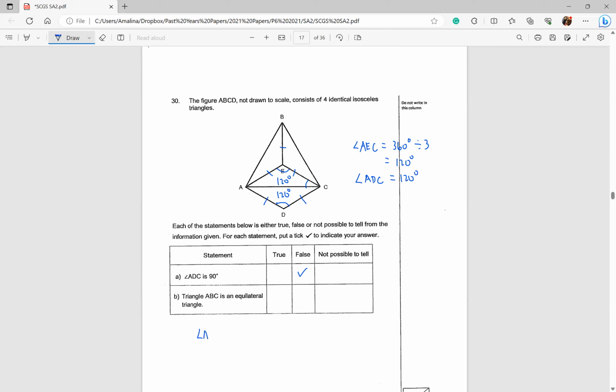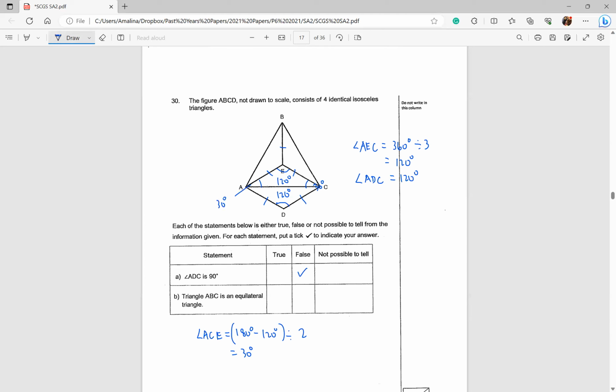Angle ACE is equals to your 180 degrees minus my 120 degrees, then I divide this by 2, because it's isosceles. So I get my 30 degrees. So this is 30 degrees, and this is also 30 degrees.